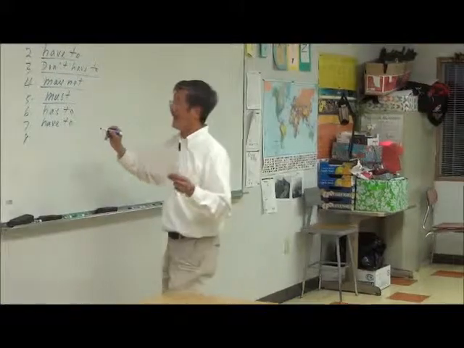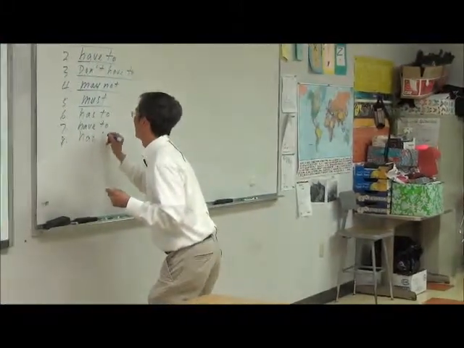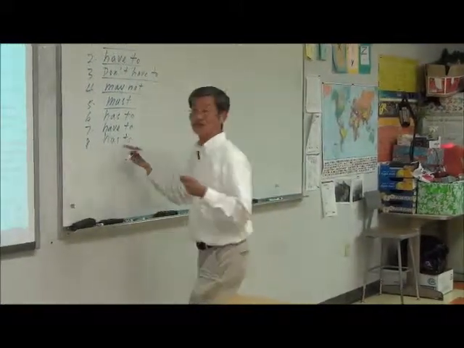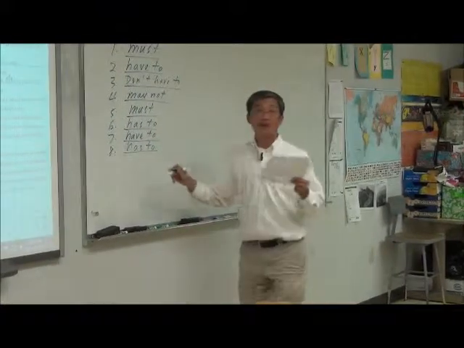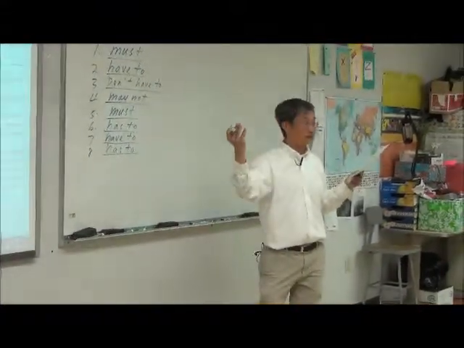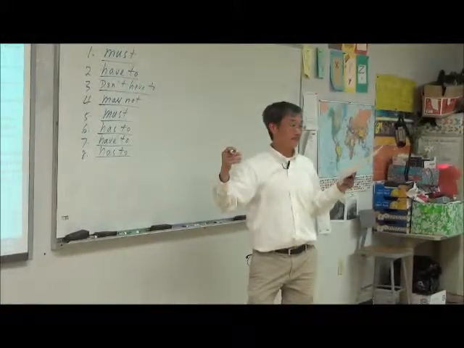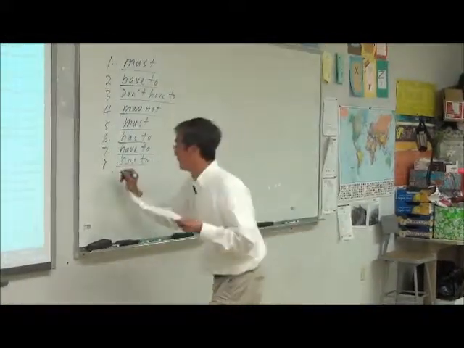Good. So has to, right? Has to, because we talk about United States, right? United States is like a 3rd person singular, because we talk about our country, right? All right.